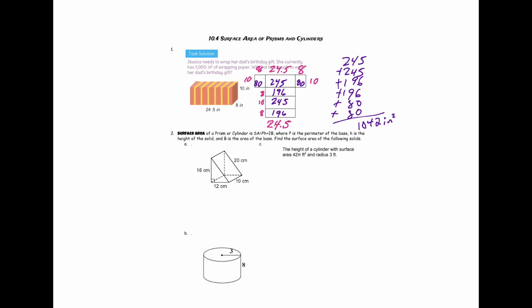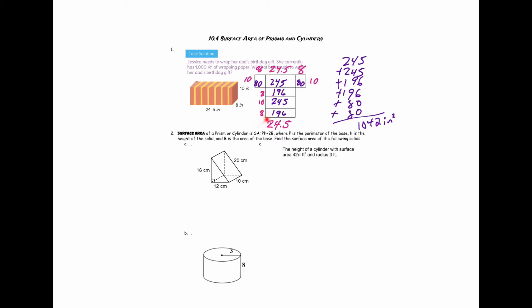Alright, so what I did is I dissected this net of the rectangular prism. So you can see that we have sides here that are 10 on this side, as well as 8 on this side, 24 and a half. So I just used my dimensions, wrote my net out, and then I found the area of each rectangle that made up this gift. So this one would be 8 times 10, which is 80.